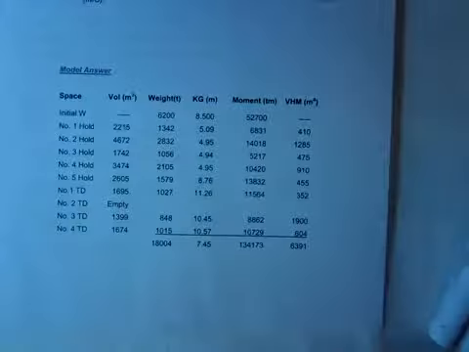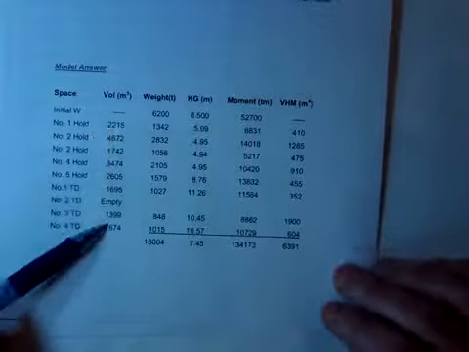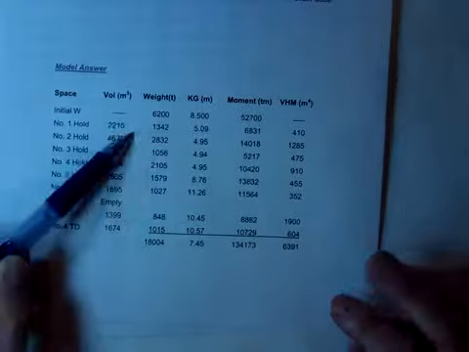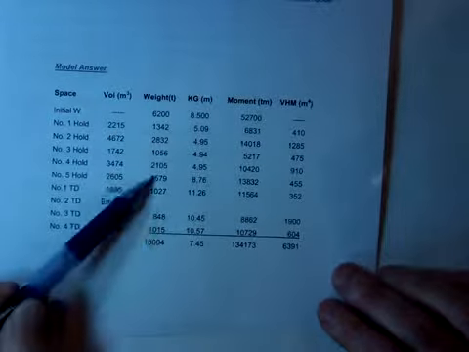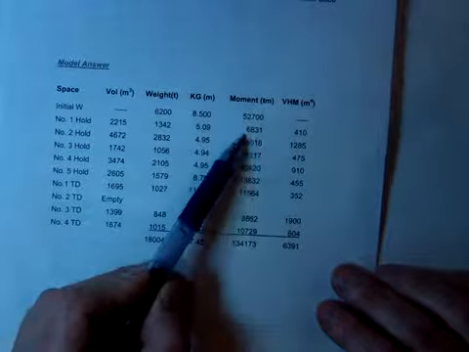So we've gone into the tables and we've read off all those values. We've got all our volumes written down here. We've then divided these by the stowage factor. Always divide the volume by the stowage factor, that will give you your weight. Multiply the weight by the kg to give you the moments.